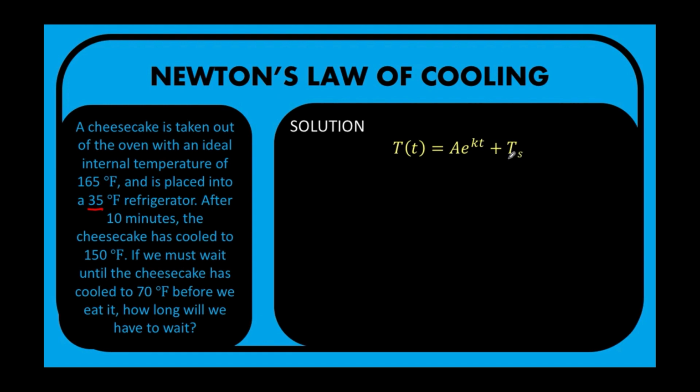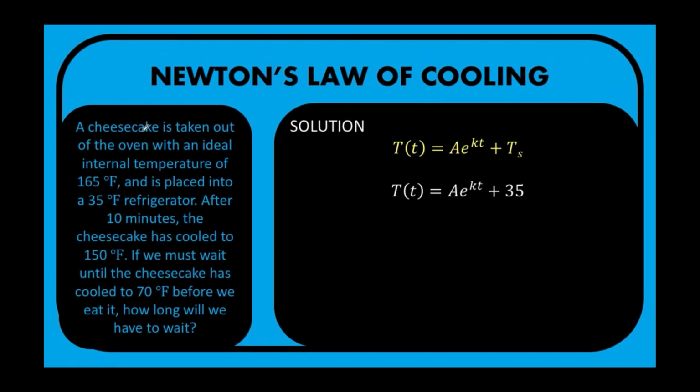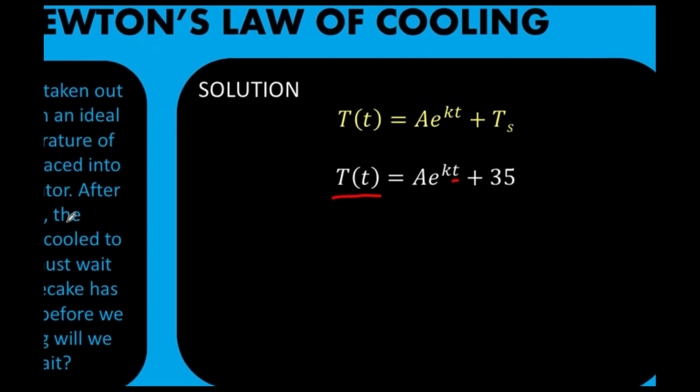So we are going to replace this T sub S by 35 degrees. Also, it is given that when the cheesecake is taken out of the oven, that means time is equal to 0, the temperature is 165 degrees Fahrenheit. So we can now replace this T(t) by 165 degrees Fahrenheit, and that happens when time is equal to 0. So let's do now the substitution.